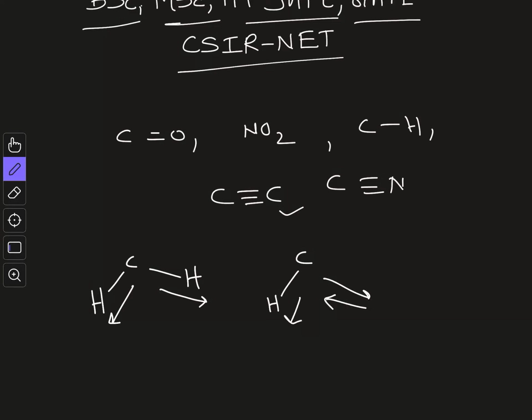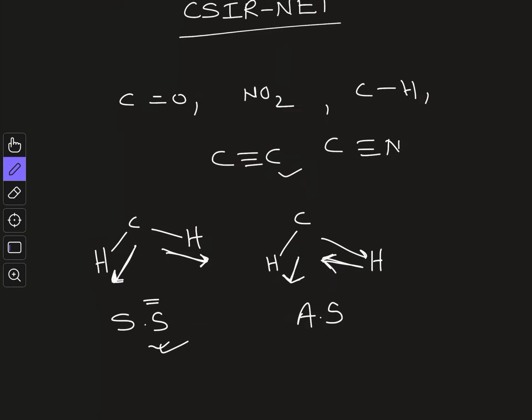This one is called symmetric stretching and this one is called anti-symmetric stretching. Why is it symmetric? Because both hydrogens are stretching in the same way, but in the other case one hydrogen is compressing while the other one is stretching. So that's why it is anti-symmetric stretching.